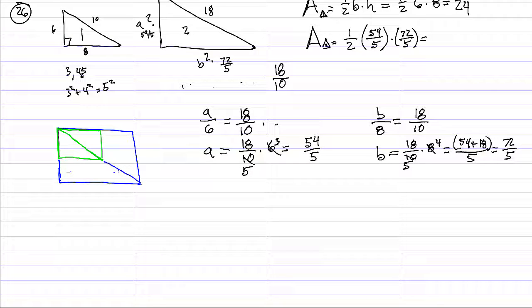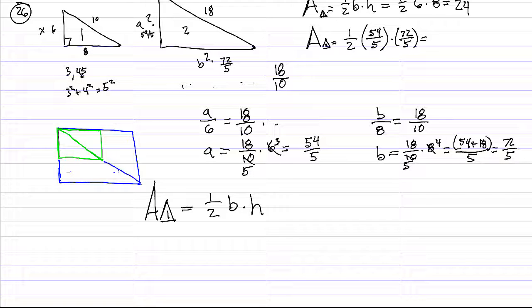Here we go. Area of triangle 1 equals 1/2 base times height, and so we'll actually call that x and y, equals 1/2 x times y.